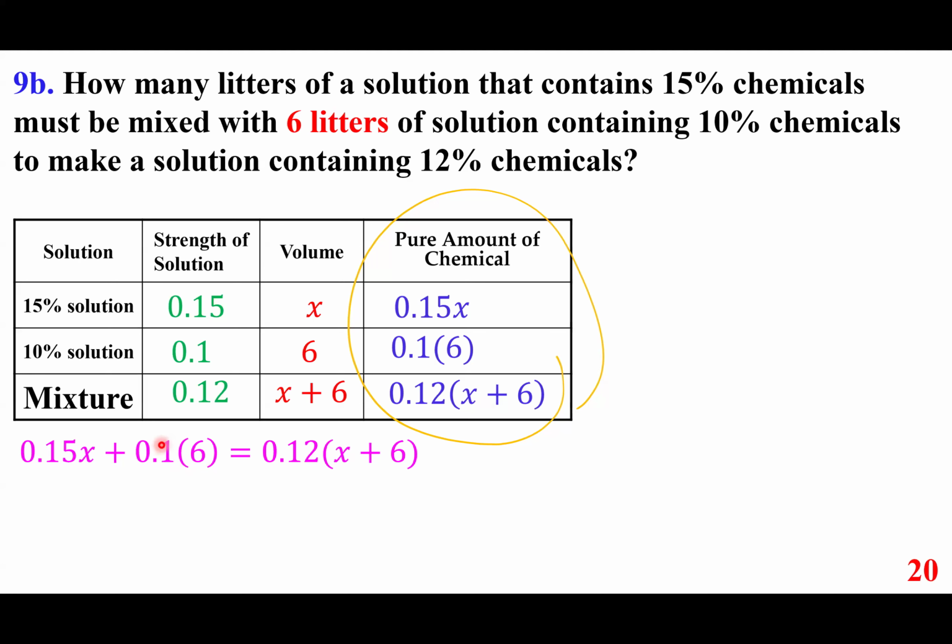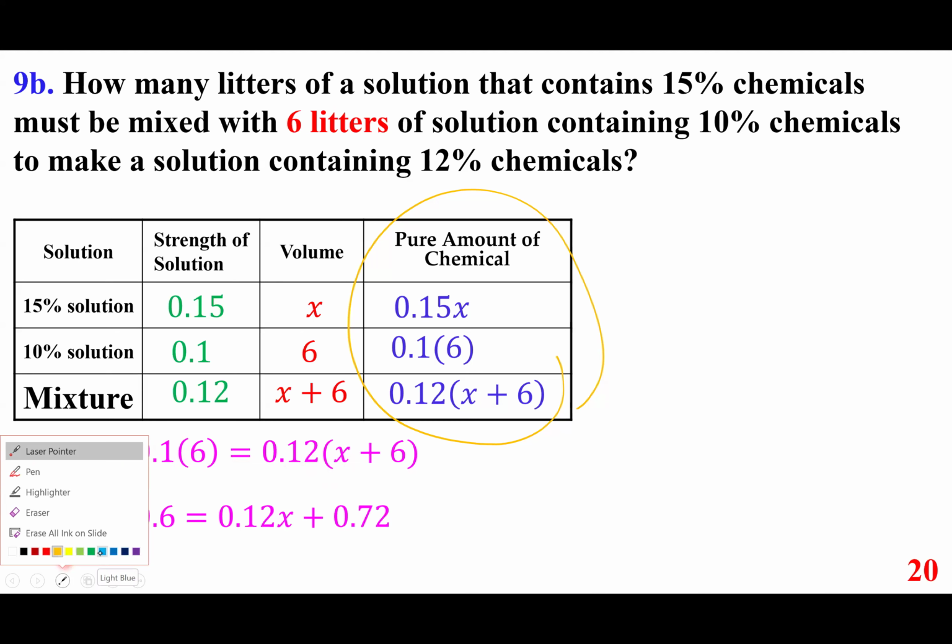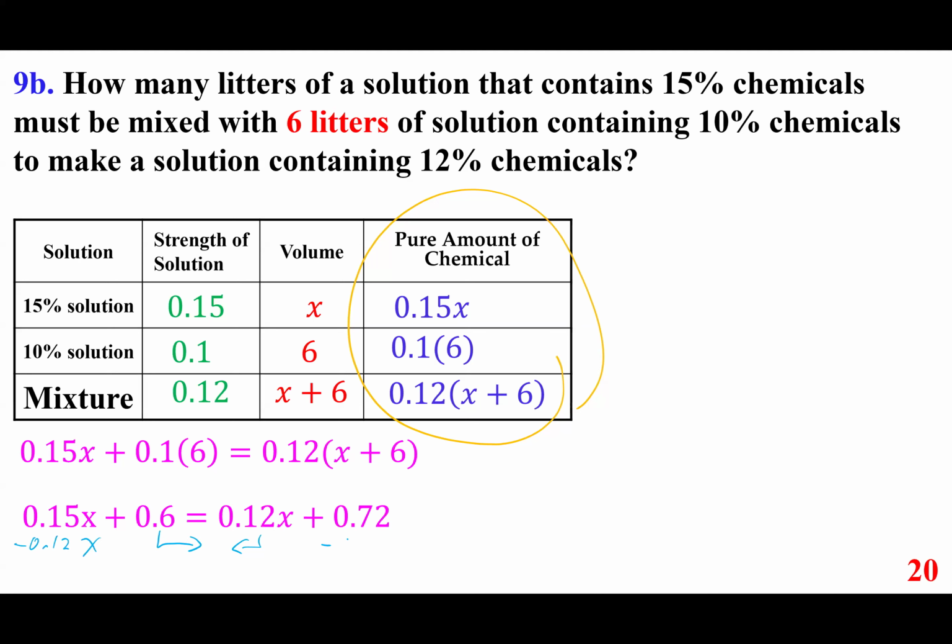So as I mentioned, this is 0.6, 0.12x, 0.72. I move this here. Subtract it from 0.15 and we get 0.03. I move this one. Subtract it from 0.72, we get 0.12.